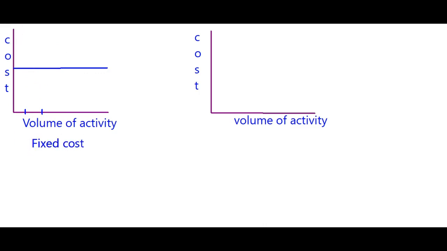A variable cost, on the other hand, changes in proportion. So it's going to look something like this. Let's say this is my salary. I'm working in a factory, and I get paid $11 per hour, for example.